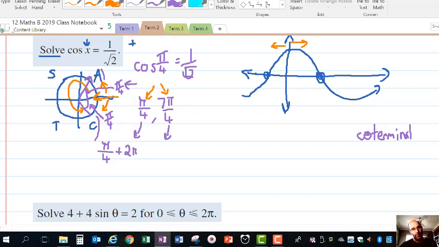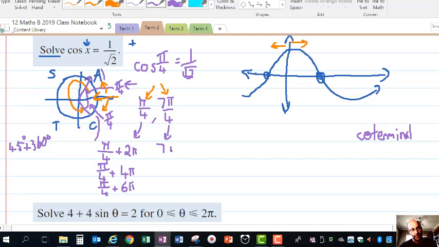So that would be, for the first one, pi on 4 plus 2 pi. Now remember, if you're in degrees, that'd be 45 plus 360. So that will happen again at 4 pi, and again at 6 pi, because you're adding one revolution, we're adding 2 pi on every time.